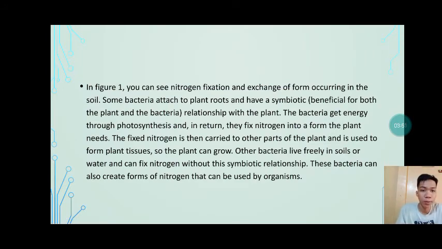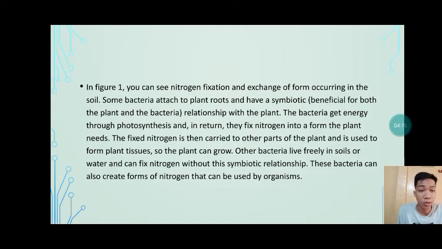In figure 1, you can see nitrogen fixation and exchange of form occurring in the soil. Some bacteria live in plant roots and have a symbiotic relationship, beneficial for both. The bacteria get energy through photosynthesis and in return they fix nitrogen in the form the plant needs.